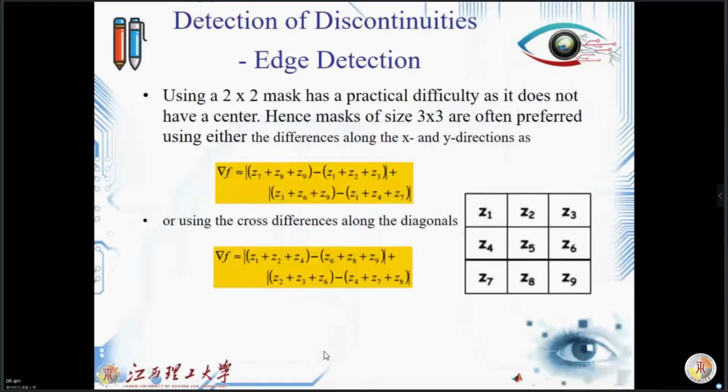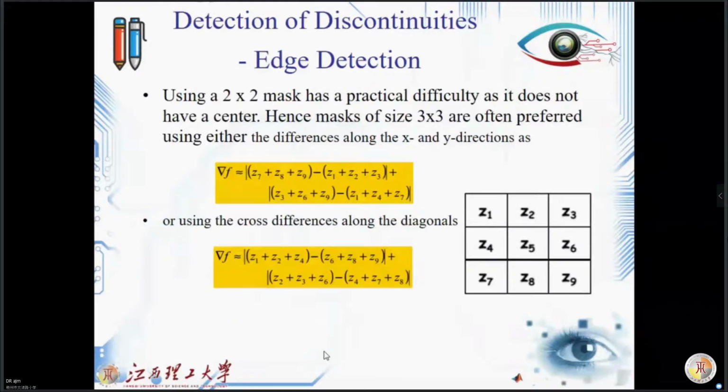Then simply we can say, in the x direction and y direction, what could the calculation be? Suppose Z1 plus Z2 plus Z4 minus Z6 minus Z7 minus Z9, then the amplitude of that plus the amplitude of Z2 plus Z3 plus Z6, like the vector view of the image.